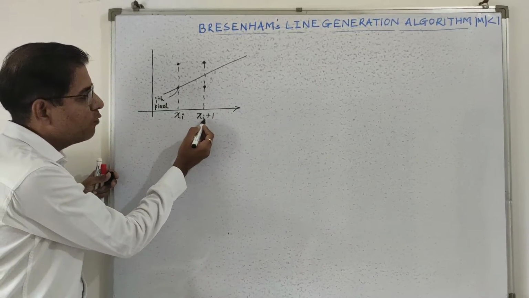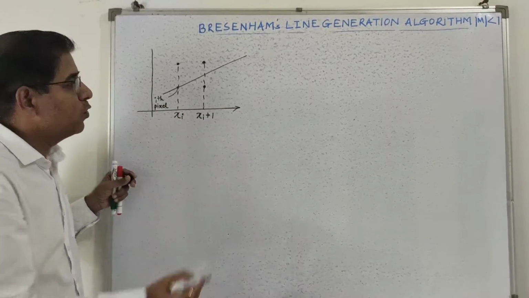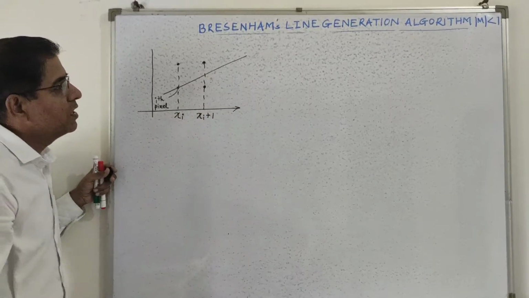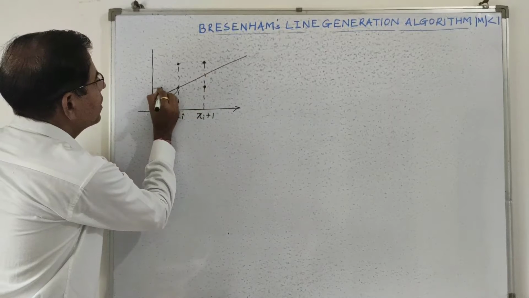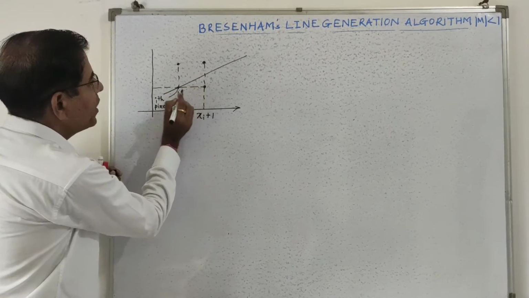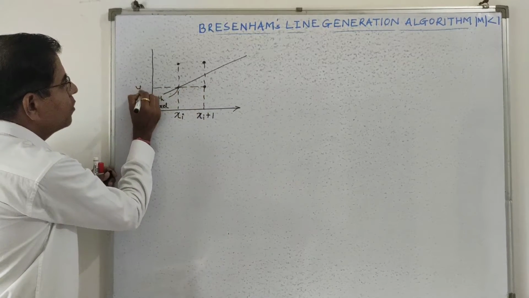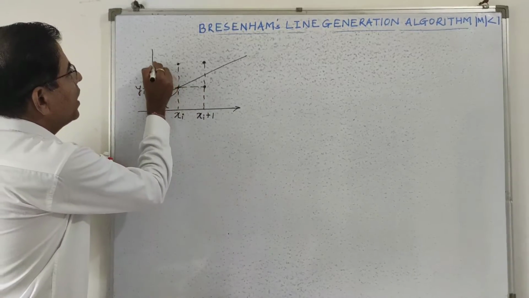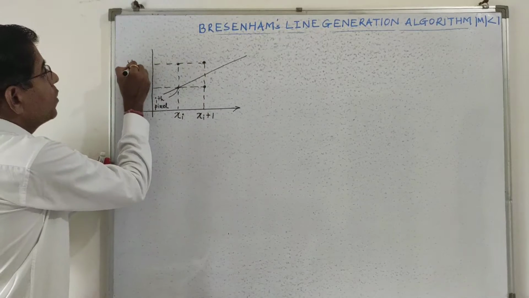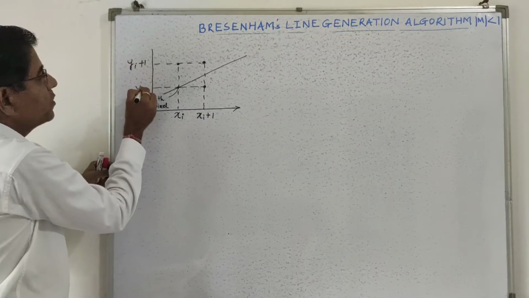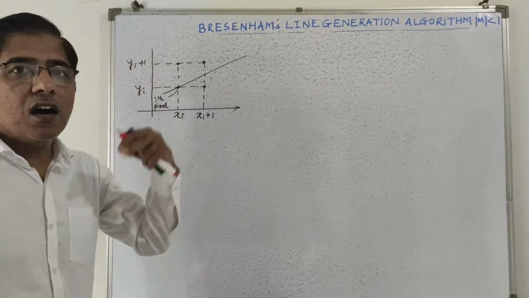So just add 1 to xi. Similarly, the y coordinate of this ith point is yi, and the y coordinate of this point is yi plus 1, because this is the pixel immediately above.